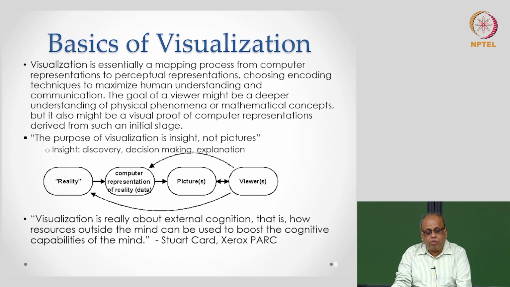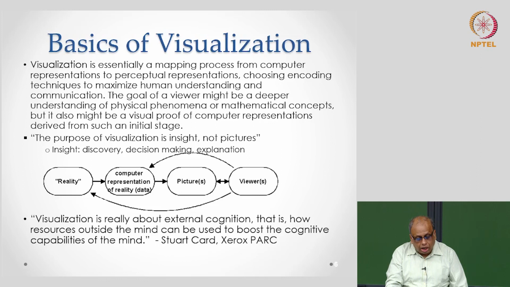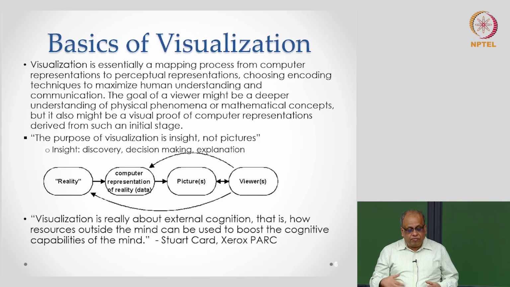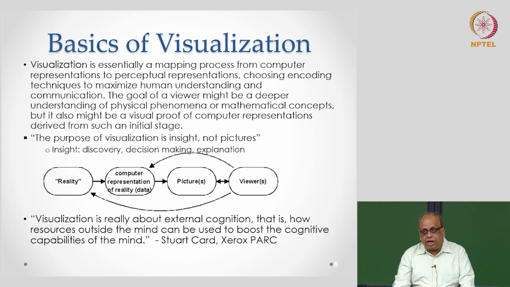The viewers can look into the pictures, and that gives them an understanding of the reality, and then maybe they will do some interaction, change the computer representation in some way so that they can get details. If the visualization is very big, they may do some filtering to remove some part and get that part in better detail. Visualization is really about external cognition.